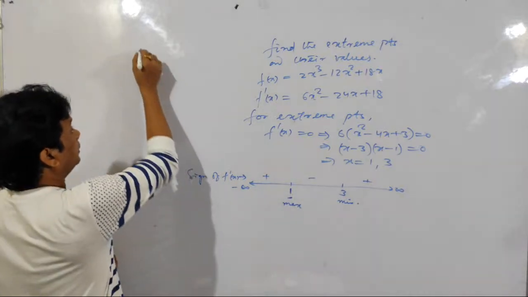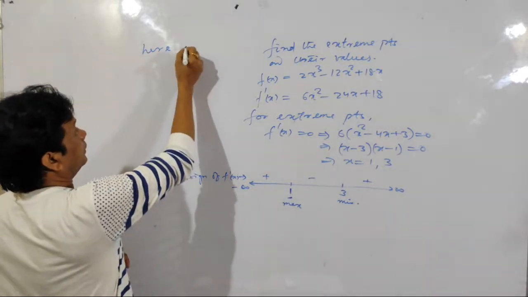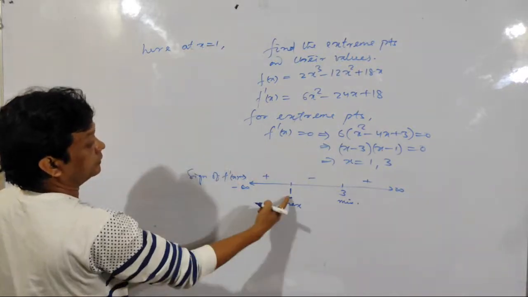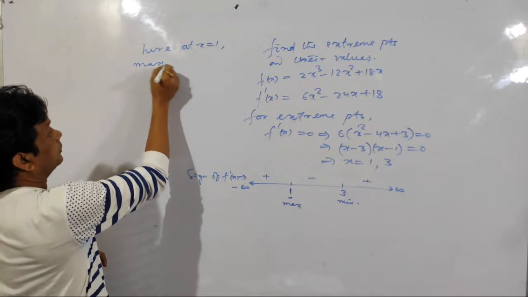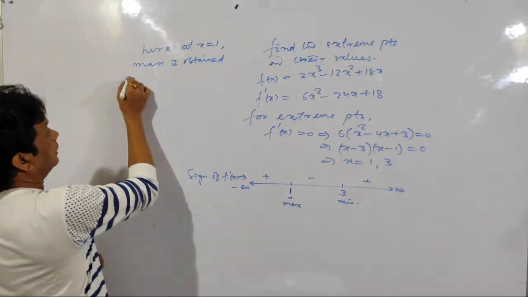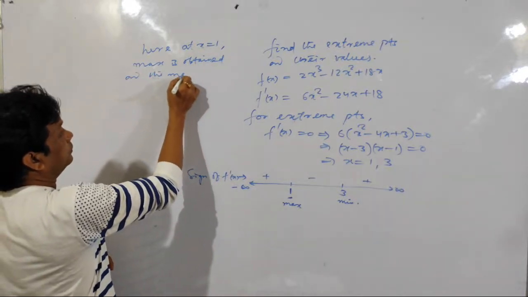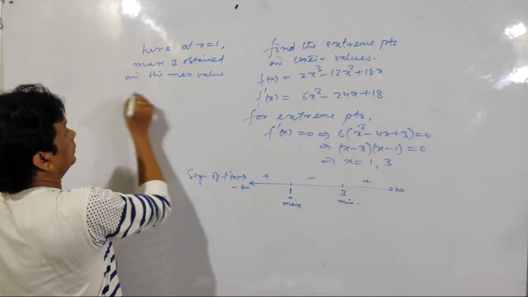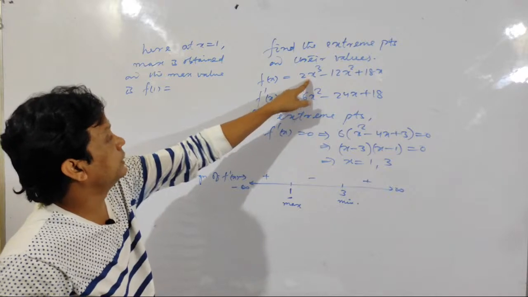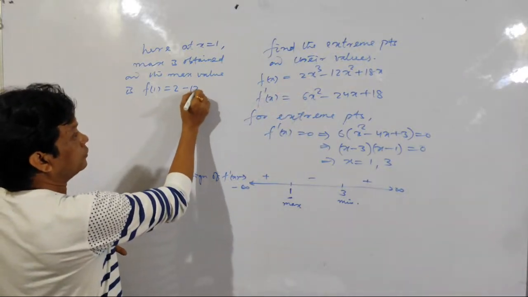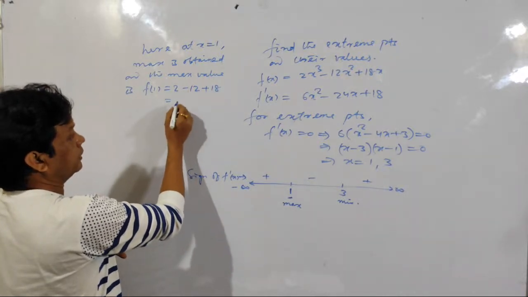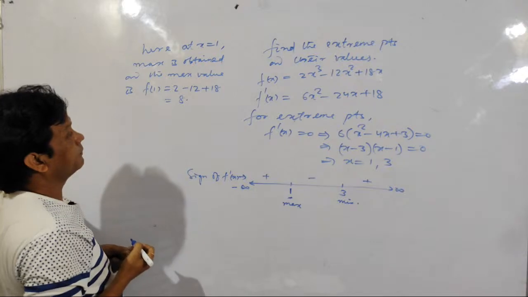Clear? See here, at x is equal to 1, maxima is obtained, and the maximum value is f of 1, which is 2 into 1 is 2, minus 12 plus 18. So 18 plus 2 is 20, 20 minus 12, it is 8. Clear?